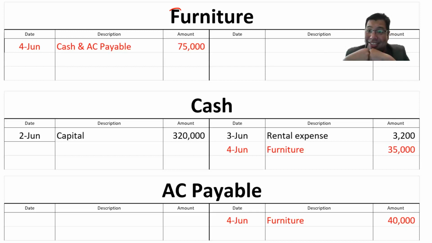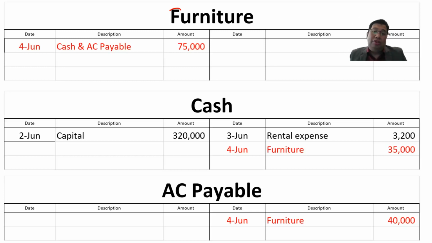I repeat again, from this account, you will be able to determine the story behind it. For example, by looking at the cash account, we know on 2nd June, we received money from Amber Capital, 320,000. The following day, 3rd June, we paid rental, 3,200. And the following day, we purchased furniture, we paid for furniture, 35,000.